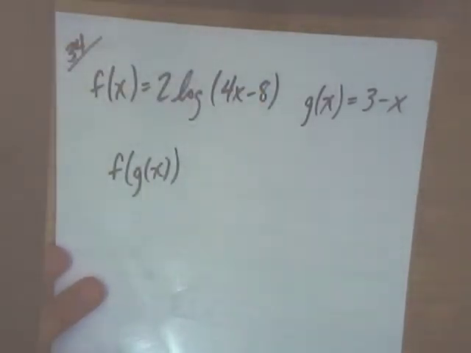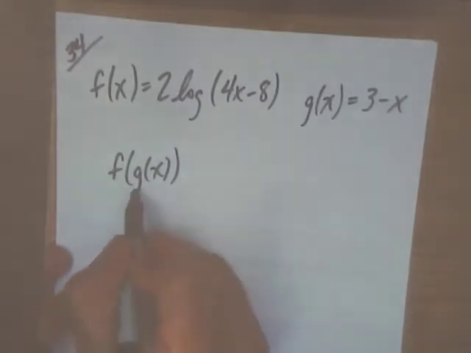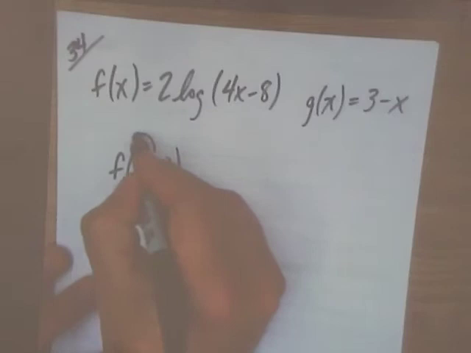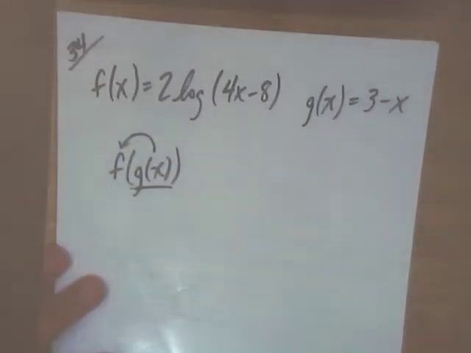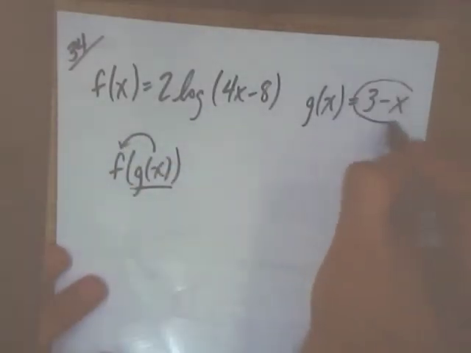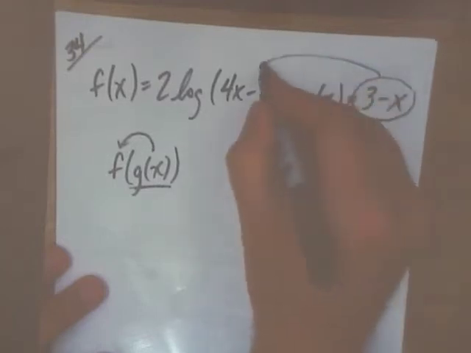If f of g of x is that f of x multiplied by g of x, it's not multiplication. Yes, exactly. We take whatever value this is and we plug it into the f function. So I'm going to take this whole thing and I'm going to plug it in where this x is.